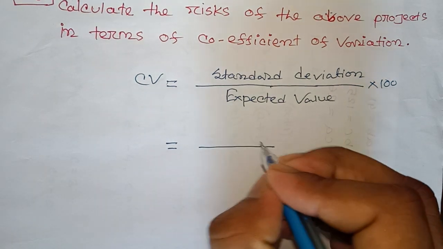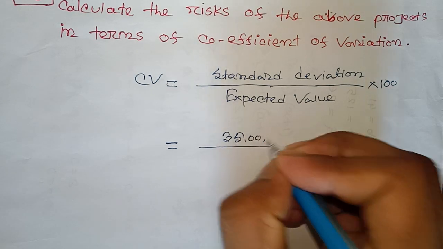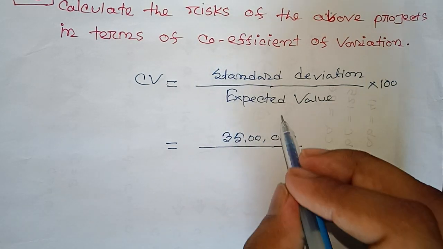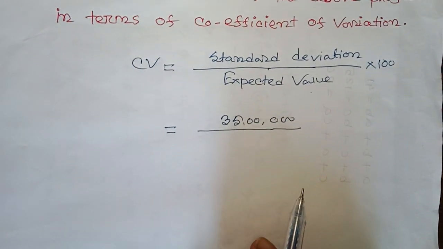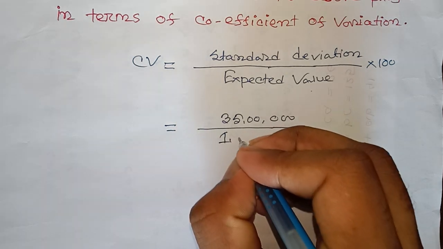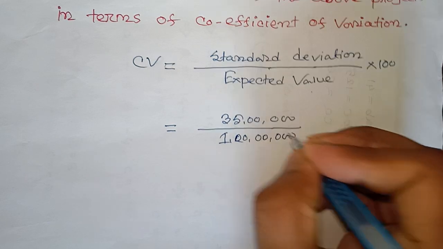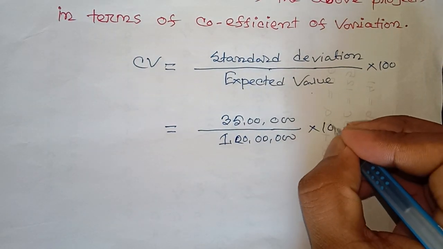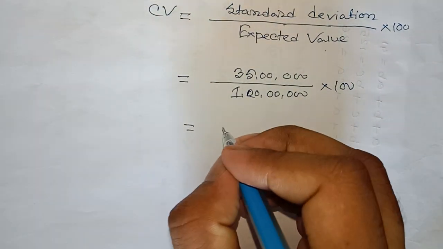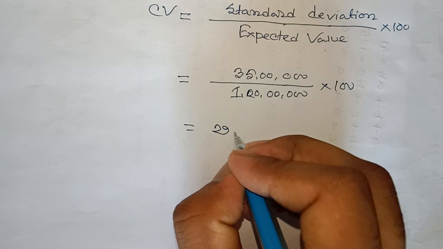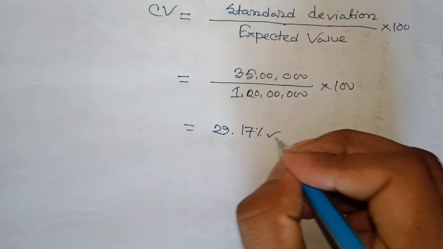So we can now write: standard deviation is 35 lakh, over expected value, which is 1 crore and 20 lakh, into 100, equals 29.17%. This is the answer.